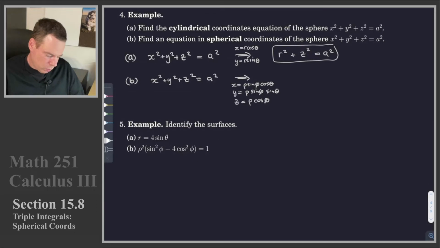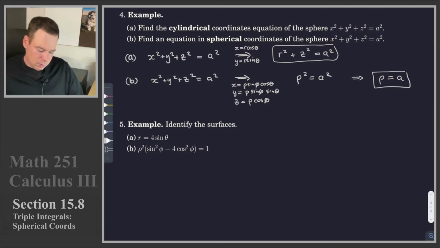And x squared plus y squared plus z squared is equal to rho squared. So this becomes rho squared is equal to a squared, or in other words, rho is equal to a. So that tells us that we can describe the sphere in spherical coordinates by just the set of all points whose rho value is a. Rho is a constant, the distance from the origin, a.